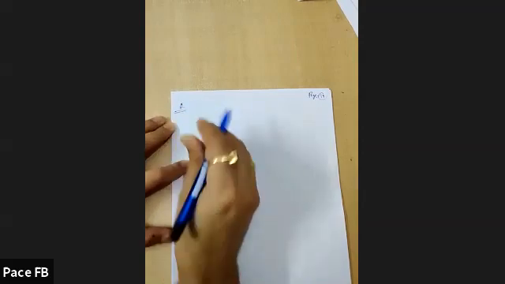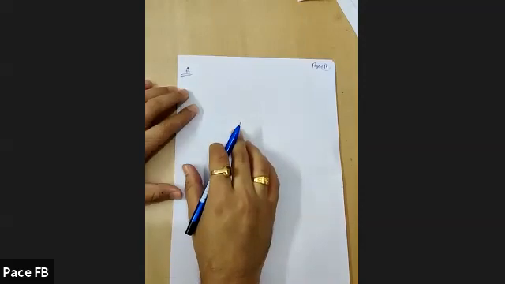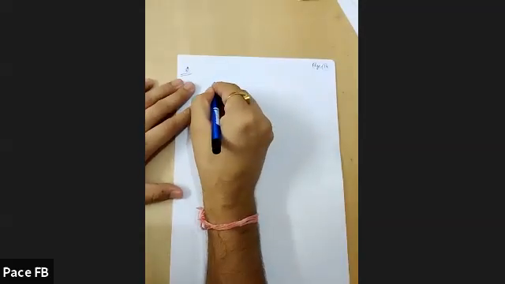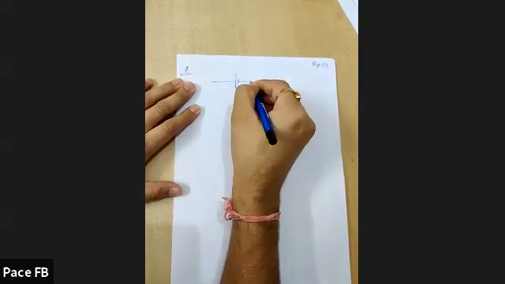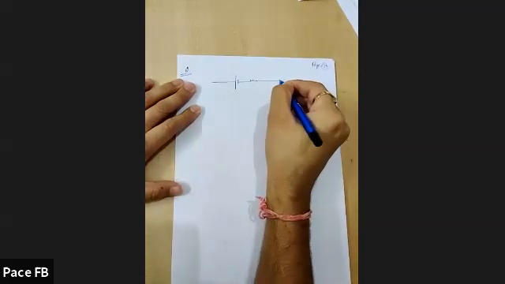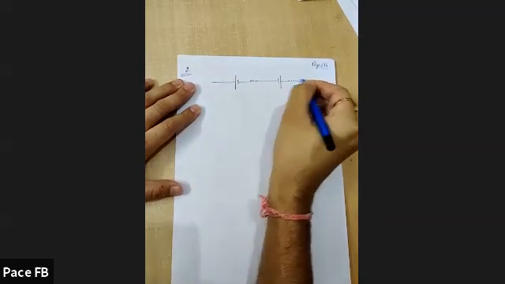So now let's say I reverse the polarity. So positive, negative, internal resistance. And then negative, positive, internal resistance.